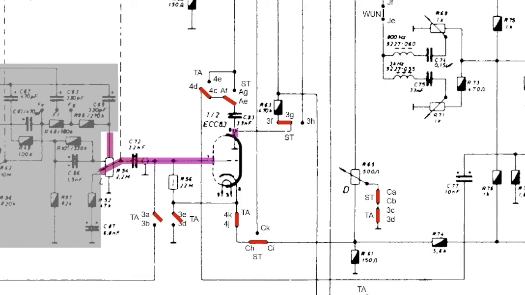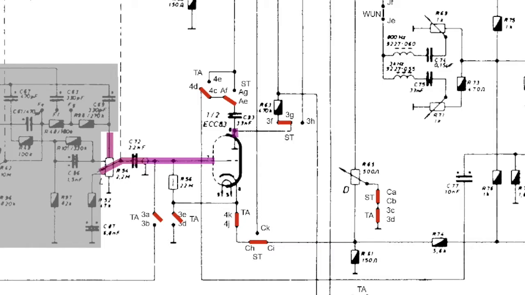But for that it has to be connected through a load resistor, the anode resistor, the plate resistor, to B+. Now, is that the case? Well, if we look at this line here and follow it up and across, we meet this resistor over here.